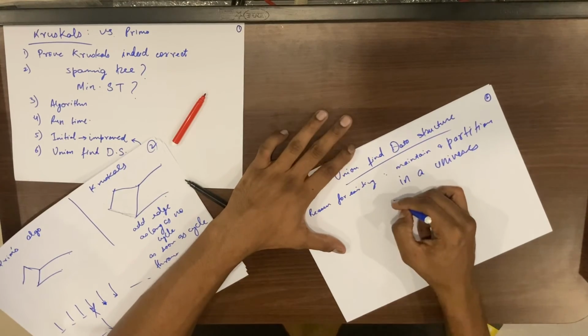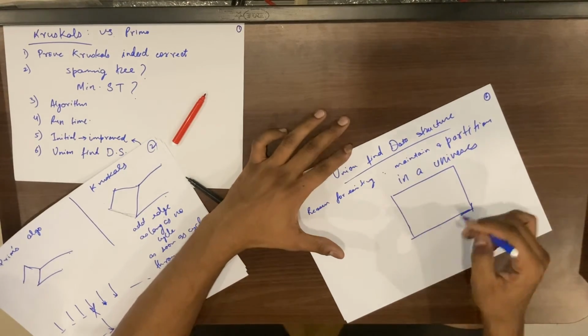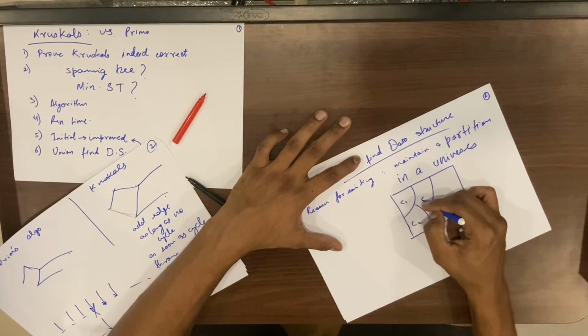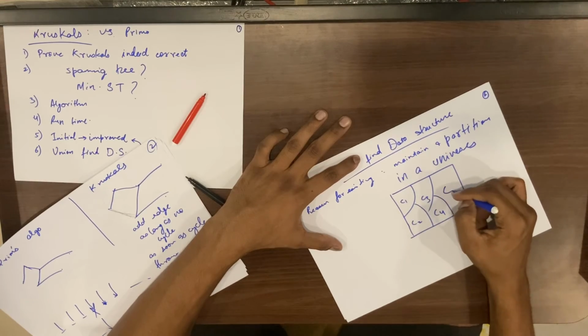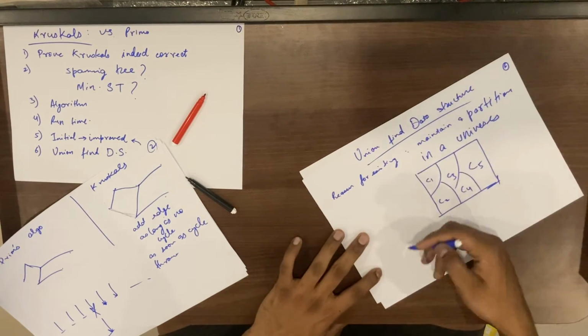So this is how it looks basically. If this is my universe, or in our case, the nodes and edges, here is a partition C1, here is a partition C2, C3, C4, and let's say this is C5. All these are 5 partitions in a universe, and that's what the union find data structure cares about.